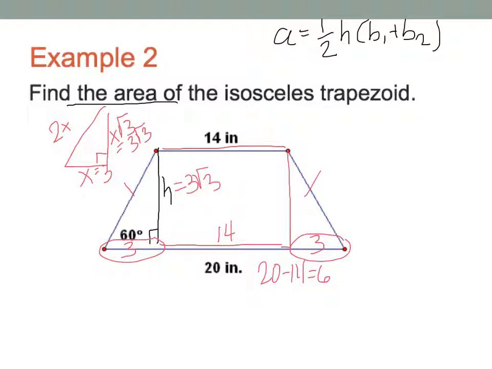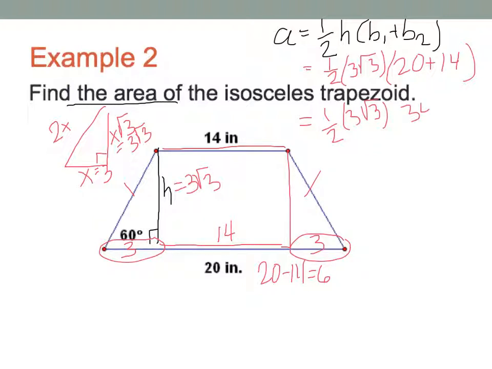It's 3 root 3. Now let's plug everything in this formula here. I have 1/2 times my height, which is 3 root 3, times the sum of my bases. Now let's do some algebra and clean this up. I'll have 1/2 times my height, and 20 plus 14 is 34.